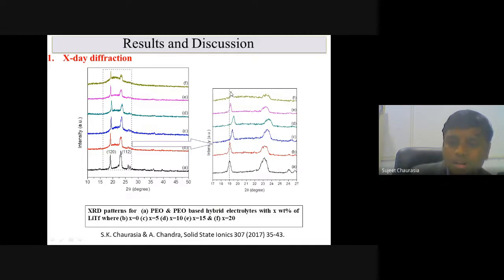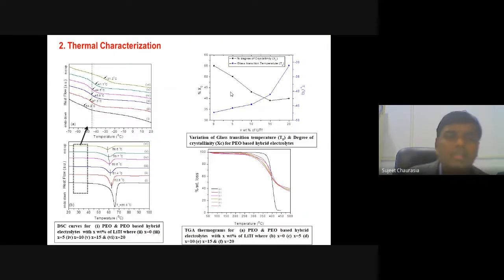The thermal studies have been carried out using DSC and TGA analysis.